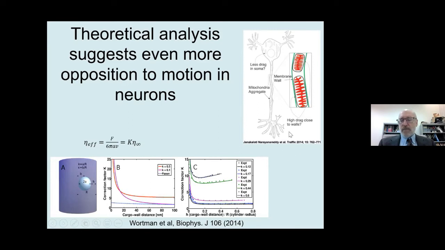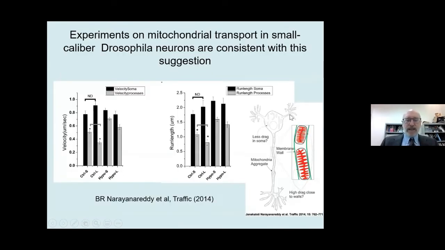And then Babu studied this experimentally, and that was published in Traffic in 2014.